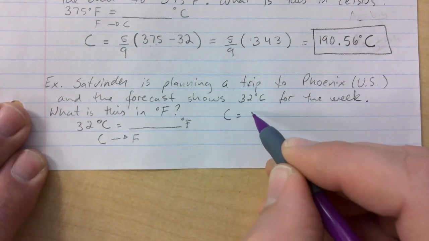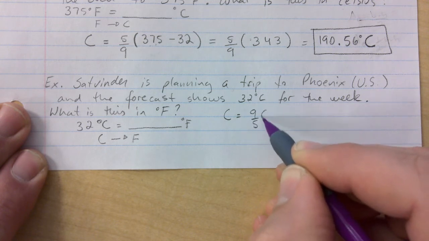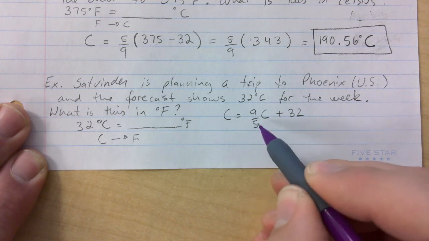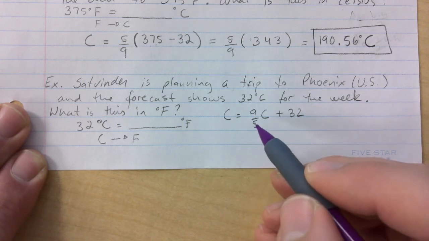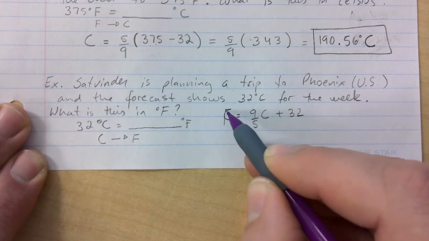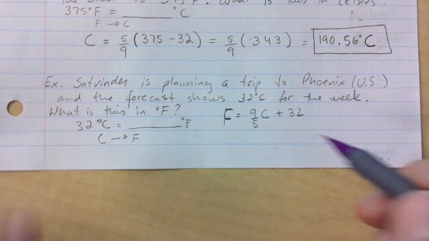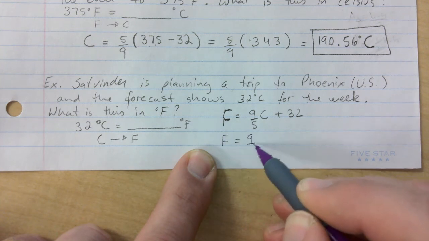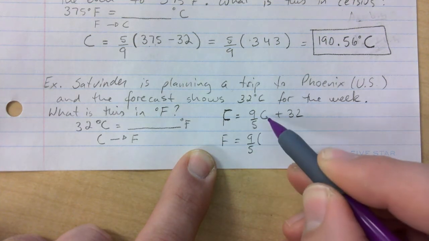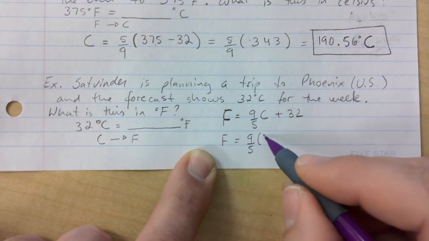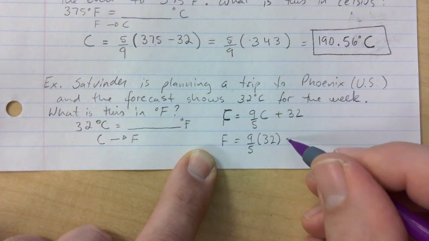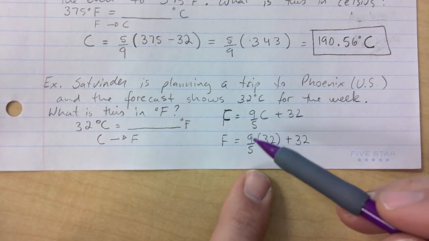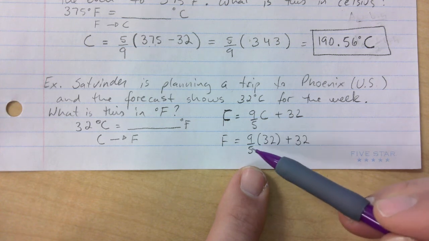So Fahrenheit is 9/5 Celsius plus 32. Sorry, this should be a Fahrenheit here. Fahrenheit is that. So Fahrenheit, 9/5. And you put that in brackets, right? Whatever the Celsius is, which is 32, put that in brackets, plus 32. So you first figure out what this is.